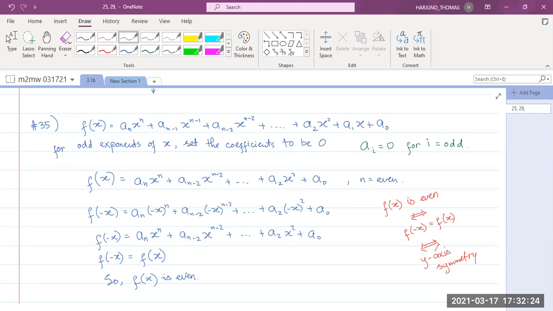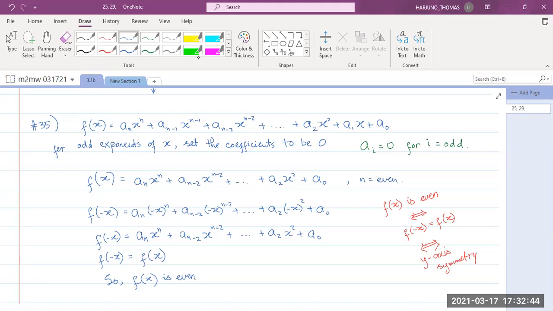Now, this question here is very theoretical, very conceptual. But the reason I want to go for this question is because we want to know where that even word in even function is coming from.